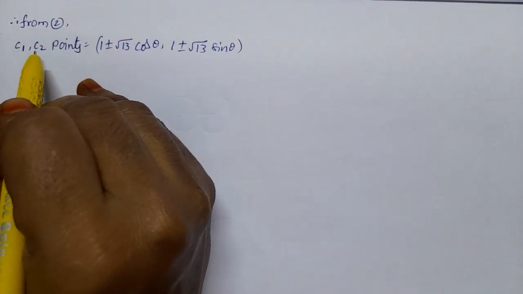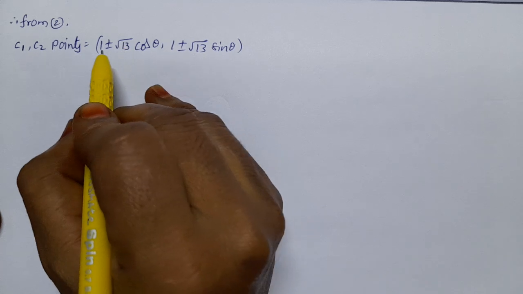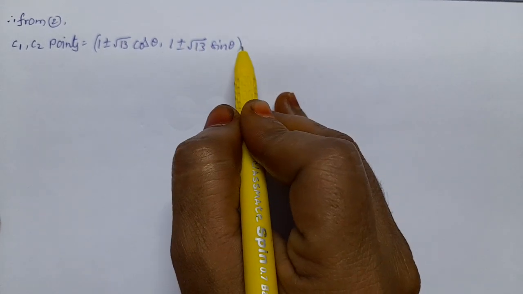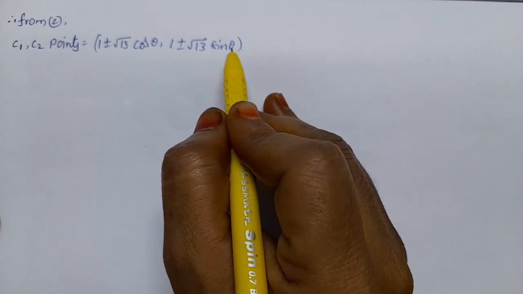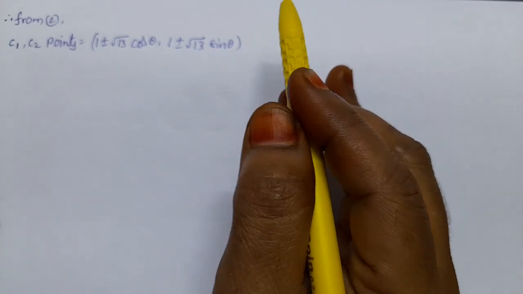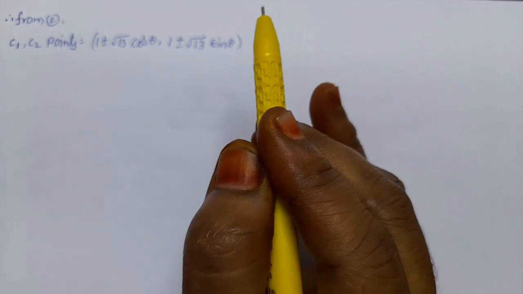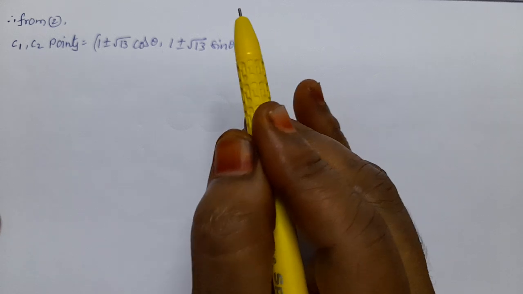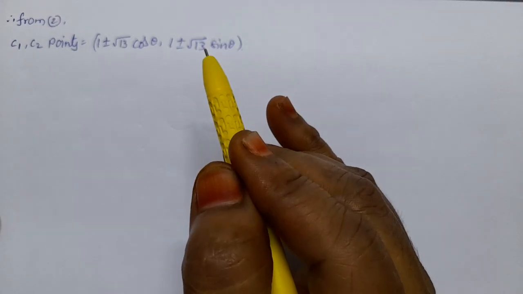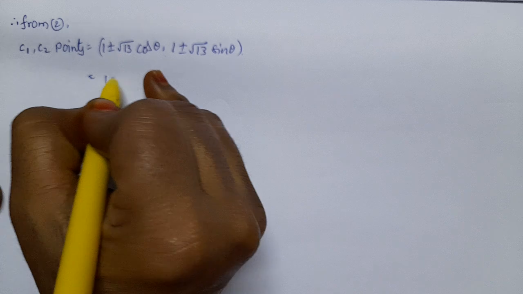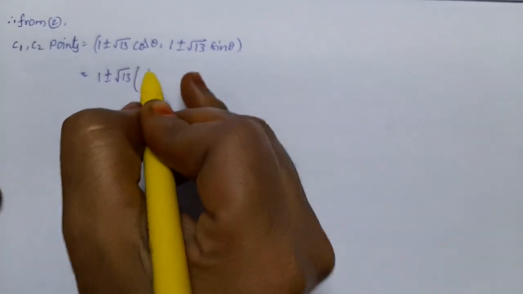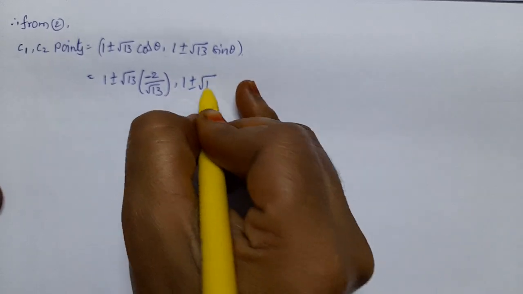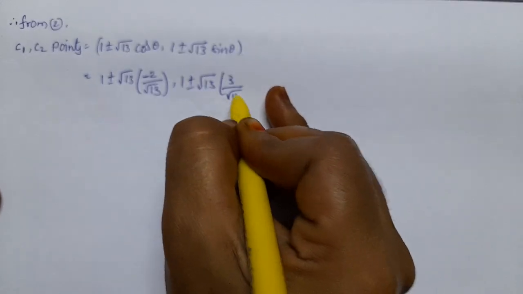Therefore, from 2, C1, C2 points equal to 1 plus or minus root 13 cos theta, 1 plus or minus root 13 sin theta. This cos theta and sin theta are calculated from the formula m1 into m2 equal to minus 1, that is, the line C1 C2 and the given line are perpendicular to each other. We are applying that perpendicularity. 1 plus or minus root 13 into minus 2 by root 13, 1 plus or minus root 13 into 3 by root 13.